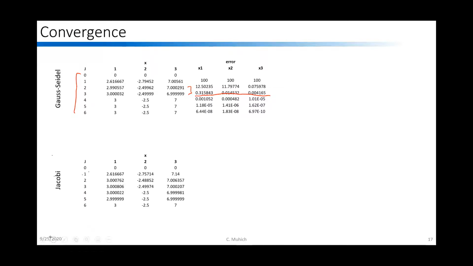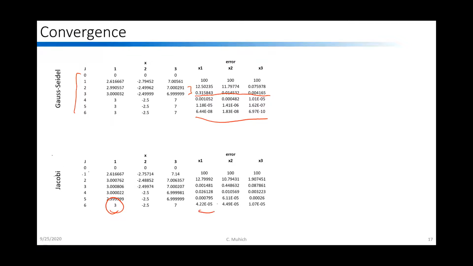If we compare this to the Jacobi method, remember it took us quite a few iterations more to end up with that nice round 3 for x1. And if we look at the error, we just converge much slower. So after 6 iterations, we have 10 to the negative 6 times 10 to the negative 8% error versus only 4 times 10 to the negative 5th error after 6 iterations.